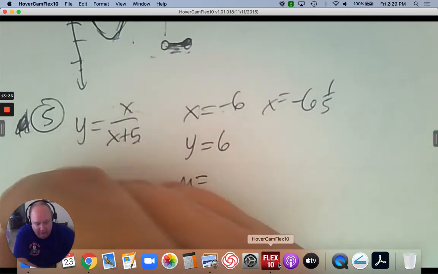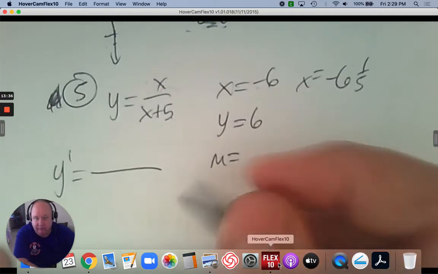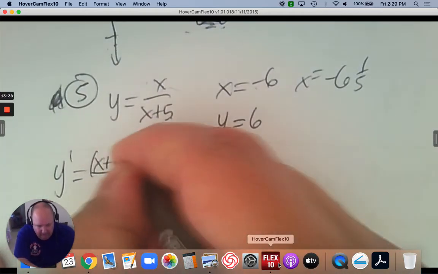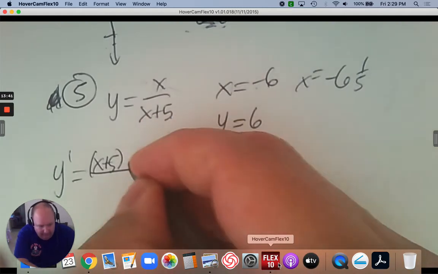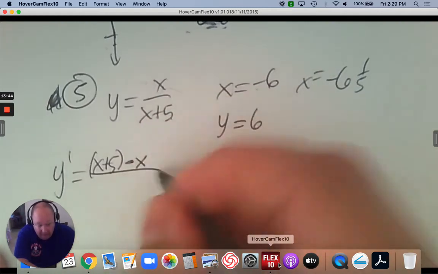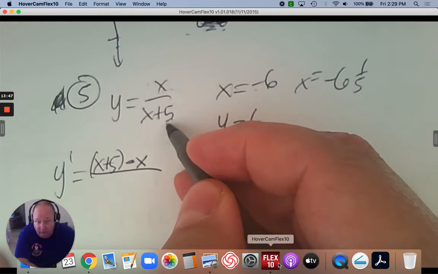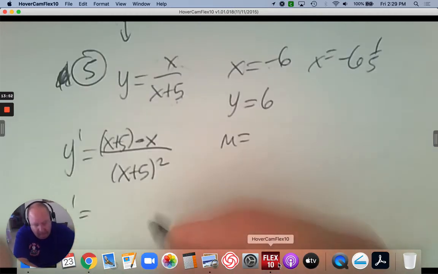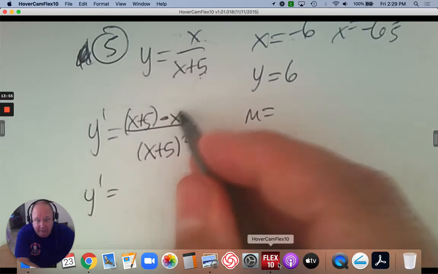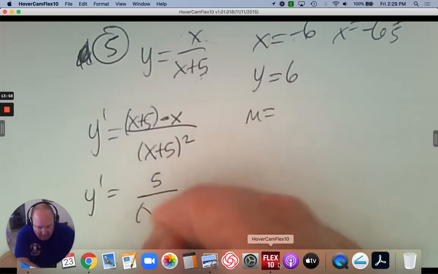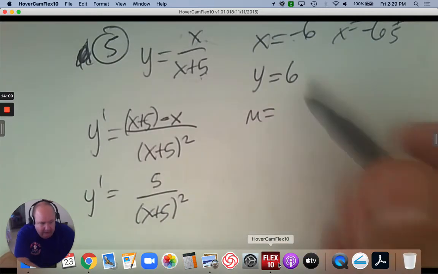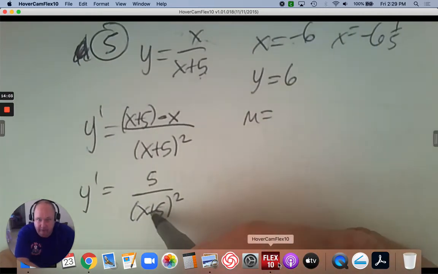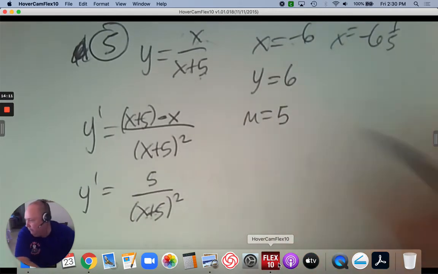I need to take the derivative using the quotient rule to find the slope. So that's the bottom times the derivative of the top, which is 1, take away the top times the derivative of the bottom, which is 1, and then the bottom squared. So if I simplify this, x subtract x, that gives me 5 over x plus 5 squared. Plug in -6. -6 plus 5 is -1, and -1 squared is positive. So the slope there is +5.